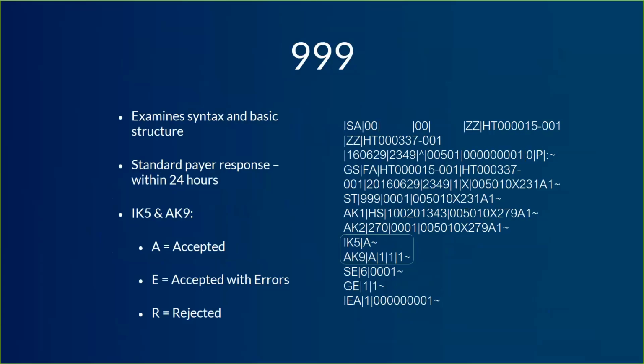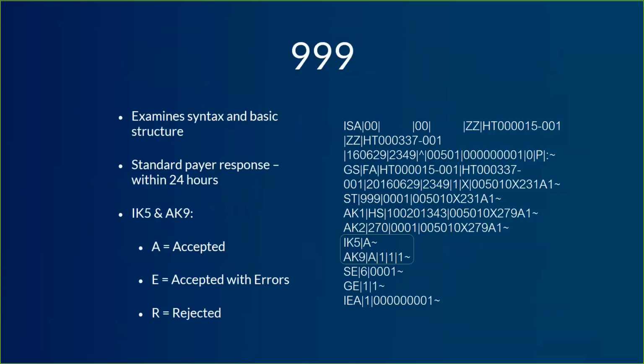That is the standard usage of a 999. That is how it was intended to be used. There's a couple of payers that are able to reject on the 999 for single claims. And I'll show you how to recognize that when it happens. But just so you know, even though it's nice when they do that, we can't expect everybody to do that because that's not actually what the transaction was intended for.